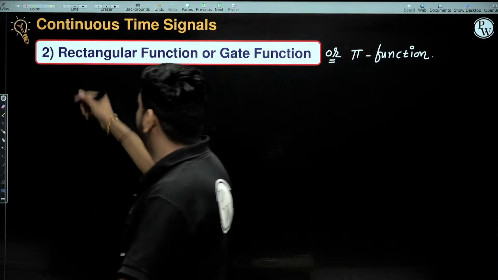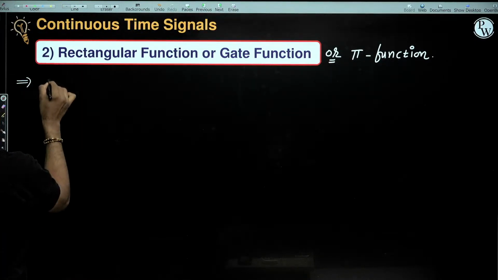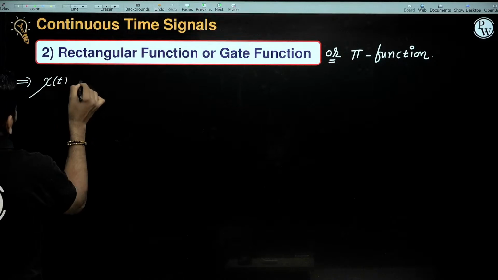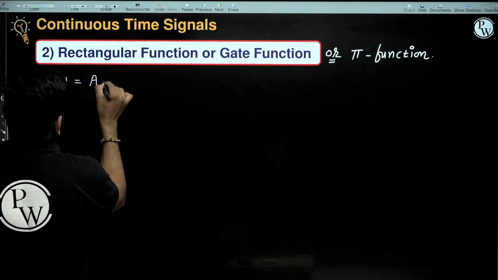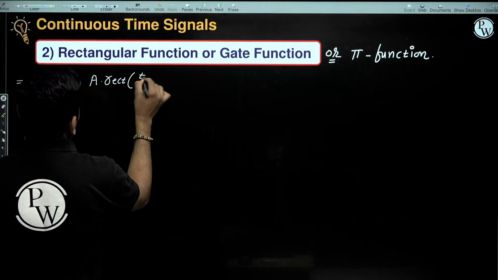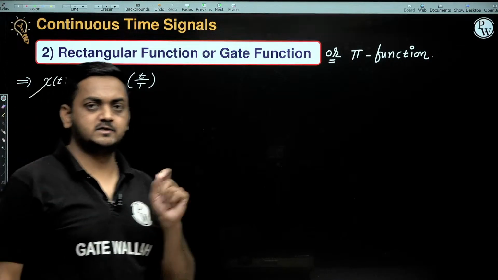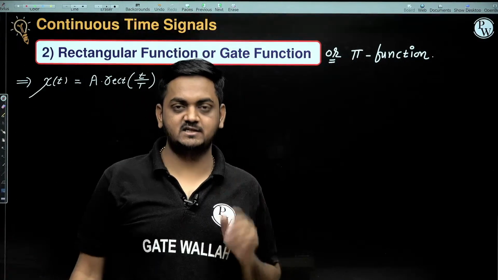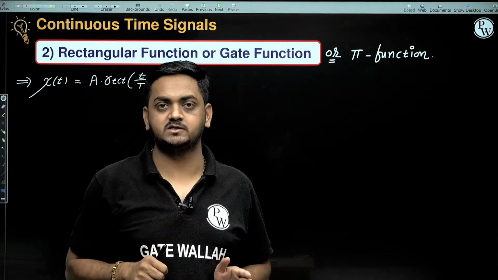Now see, first of all, the mathematical representation and graphical representation. So x of t equals the rectangular function: A rect t upon capital T, where A is amplitude, small t is the independent variable on the x axis, and capital T is the width of the rectangular pulse.